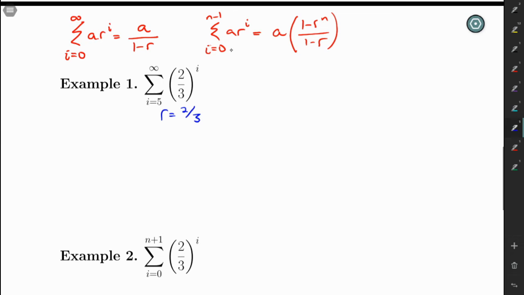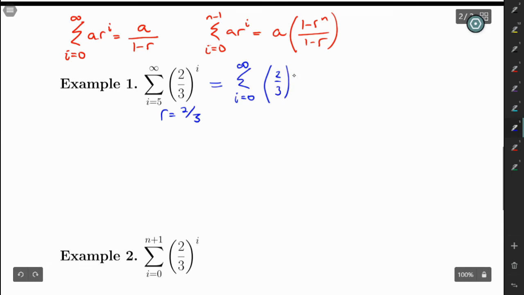We can even apply the finite sum formula to do that for us. So let's write this out. We'll do the sum from 0 to infinity of (2/3) to the i, and then we'll subtract off the sum of the first 5 terms.